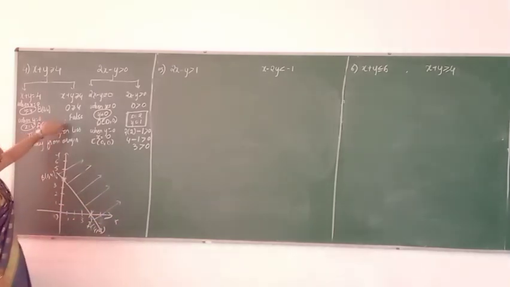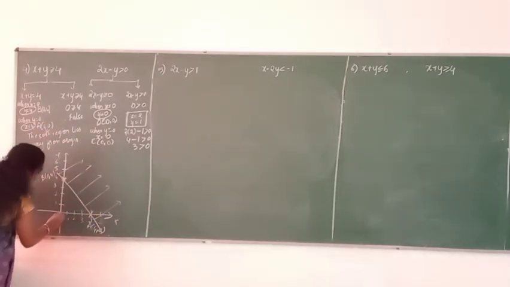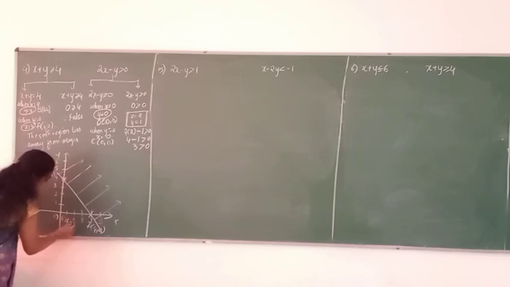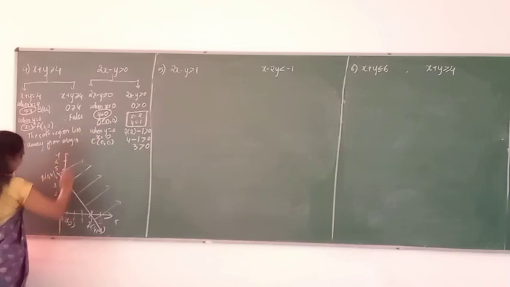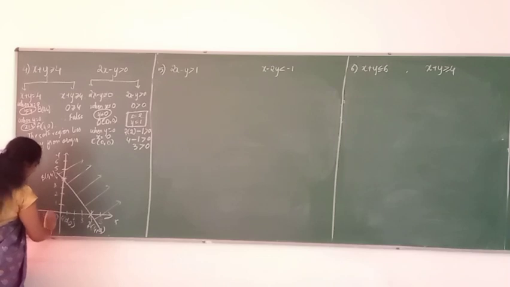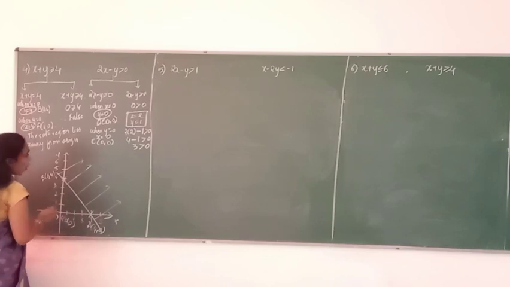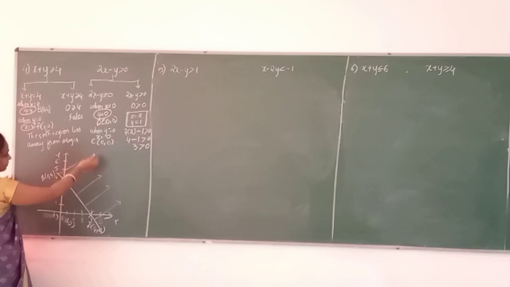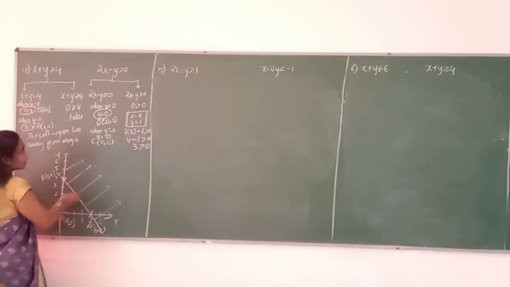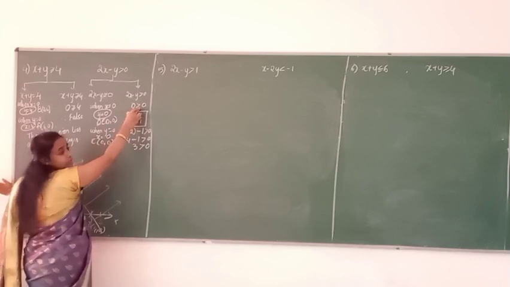Okay. Now let us check with the C. C is nothing but what? Here 0 comma 0. Yes. And what about D? D also is the same point, 0 comma 0. So always remember, whenever we are getting in this way, it will be passing through the origin. And just check out here, inequality is greater than.